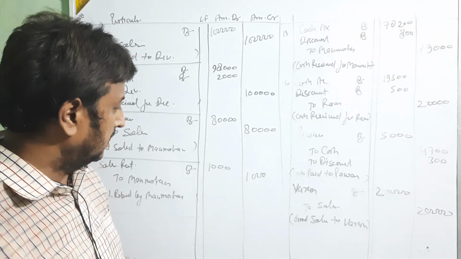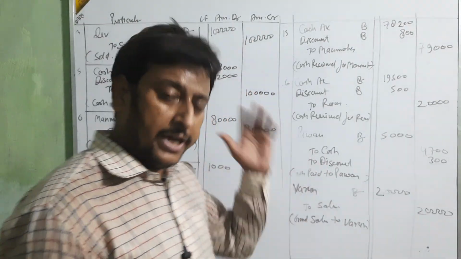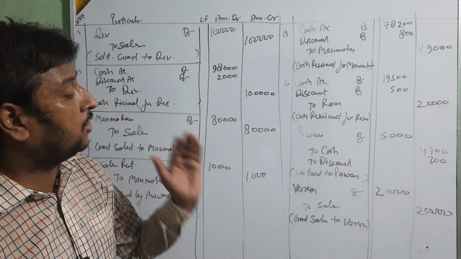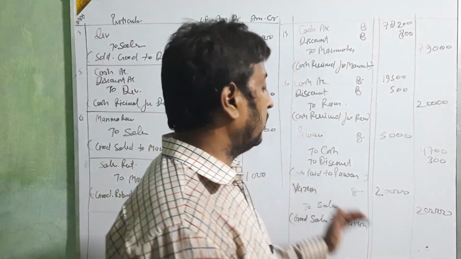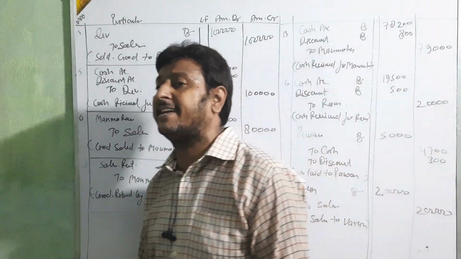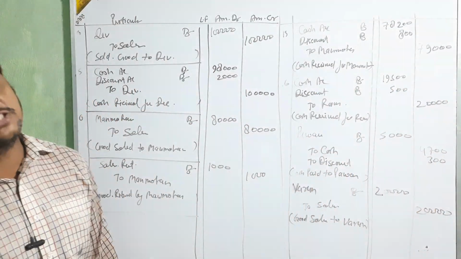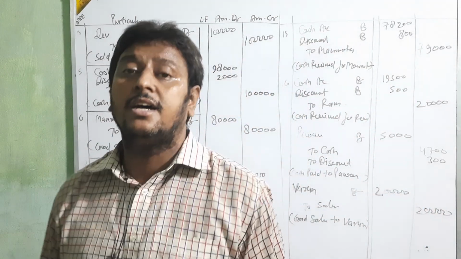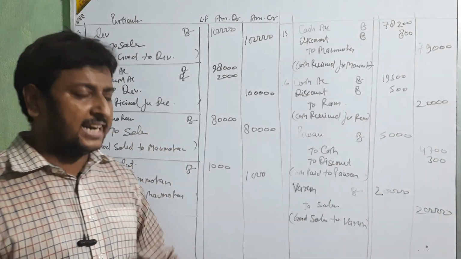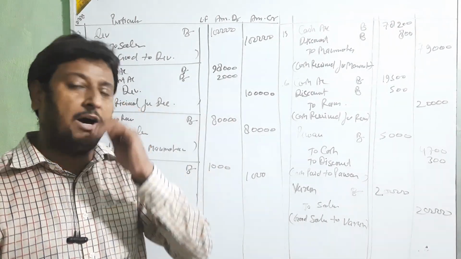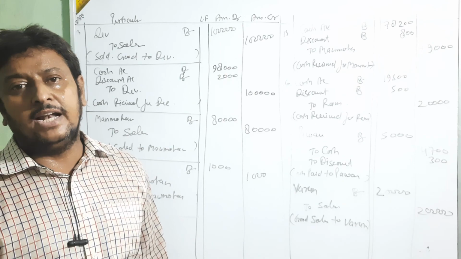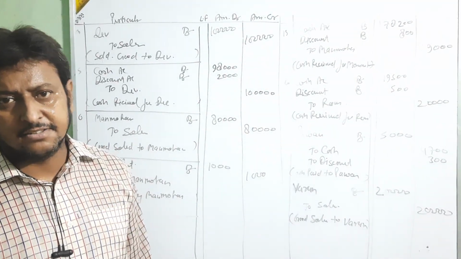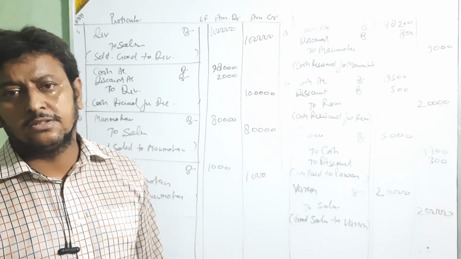Just see, again we are going to sell goods to Varun, so Varun account debit to sales. But we are not going to show the discount because it's a trade discount. When a trade discount comes, we only less that amount from the main amount.